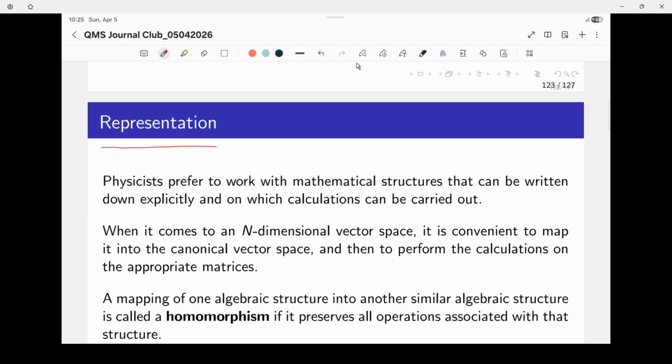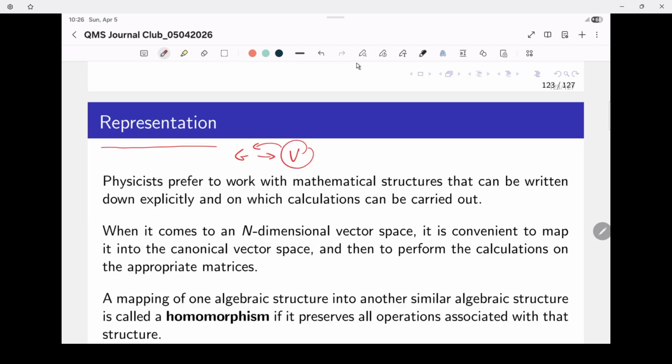So that's why we want to find a map. Let's say if you have a group, you can map it to some vector space. Then we can work on whatever on the vector space, and we can find the reverse mapping and understand what happens with the group. Okay. So that's the idea of representations.